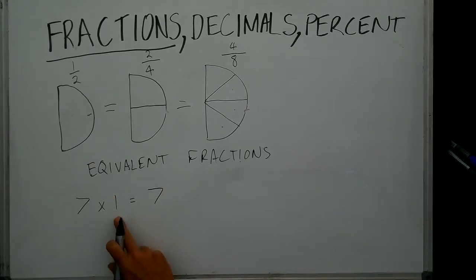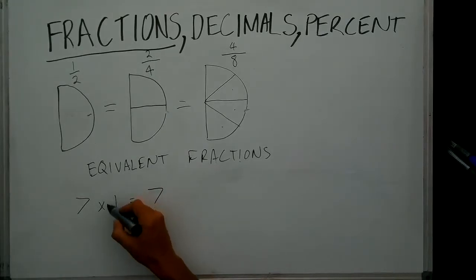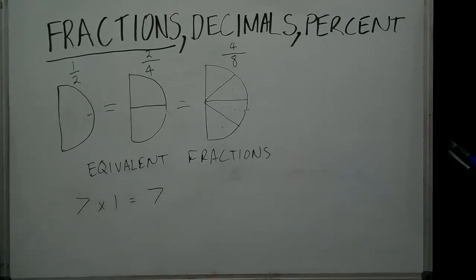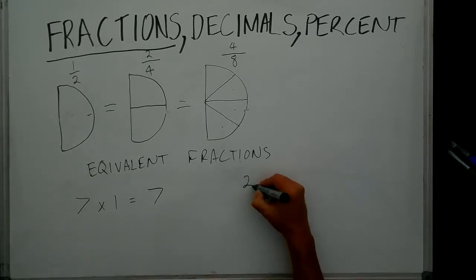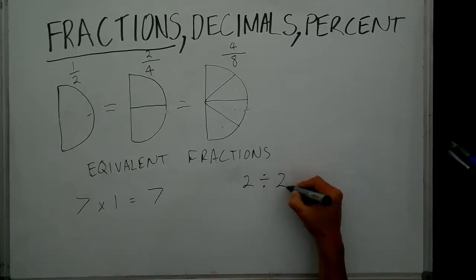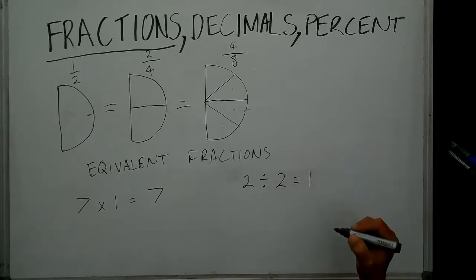Now, when we come to fractions, we can represent a fraction using any numbers we like, but it is essentially 1. Because if I said 2, how many 2s? That equals 1.